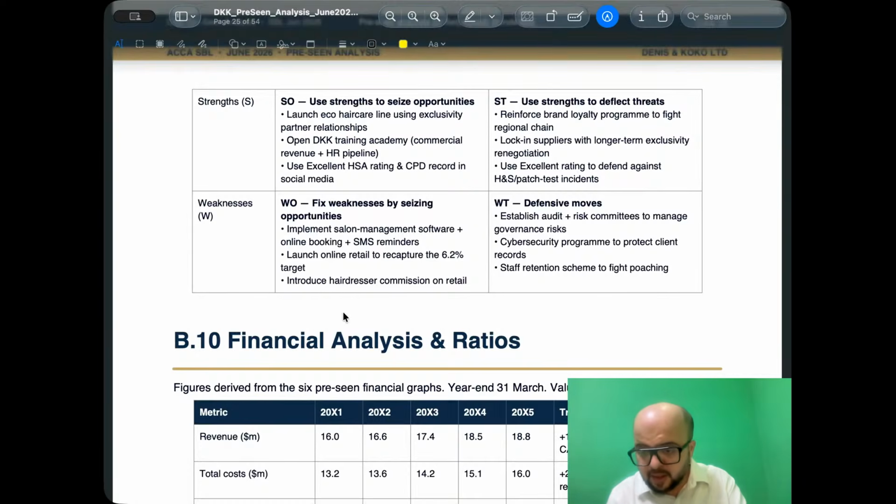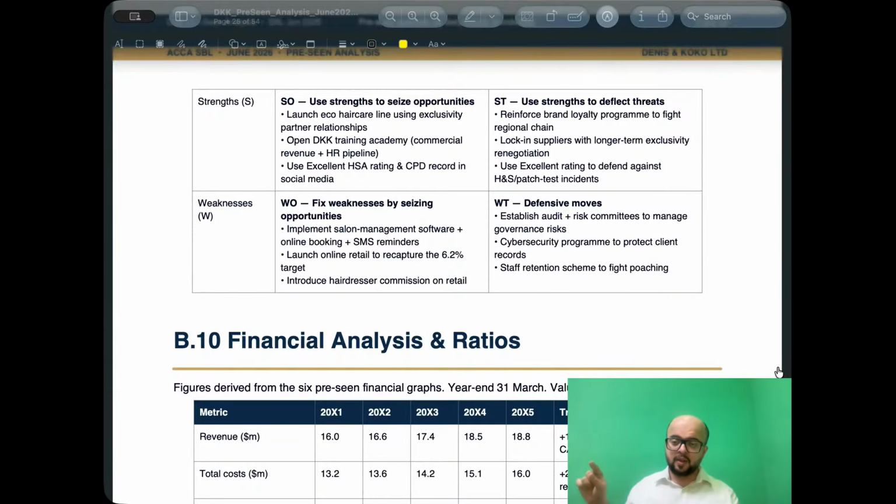Now this is the point that Kesha had raised: no commission, as in DKK doesn't receive commission. No, we are talking about analyzing commission from a different standpoint.